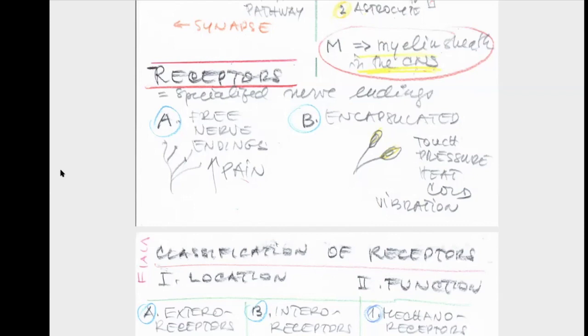The second category, B, are called encapsulated receptors. That means the endings are covered by specialized capsules, and they register touch, pressure, heat, cold, and vibration. So we divide them, as we will see on the following page, according to some aspects of classification. So the next page, please.